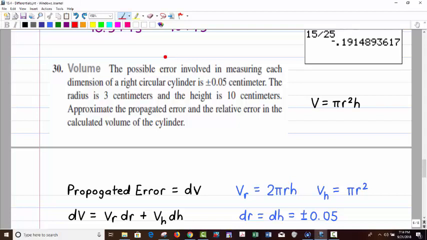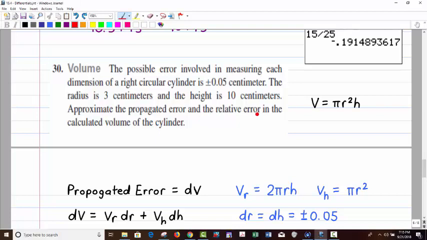Now I would not expect you to know this formula on the right. If any kind of problem like that used some sort of geometric formula like that, I would provide that formula. So propagated error is strictly the differential because that's your approximated error.